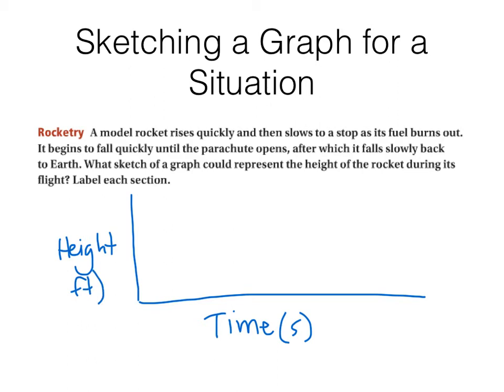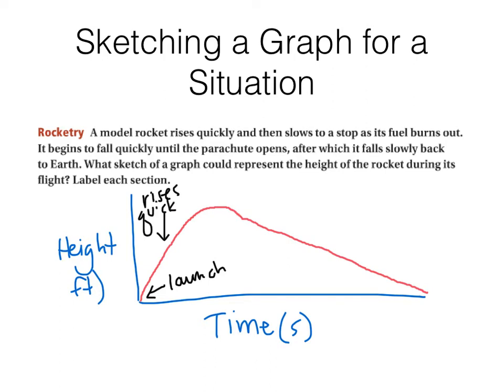So the rocket launches and it rises quickly. But then over time, it gets to a peak and then it runs out of fuel and it starts to fall and then poof, the parachute opens. And you get a steady decline down towards the earth. So you get the point where it rises quickly to begin with. Okay, so this is the launch. Okay, it rises quickly.